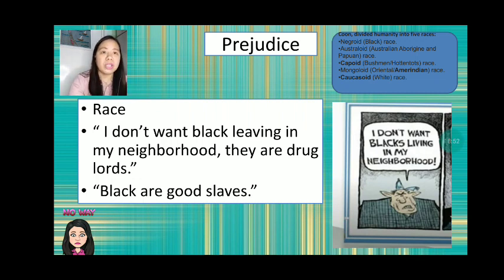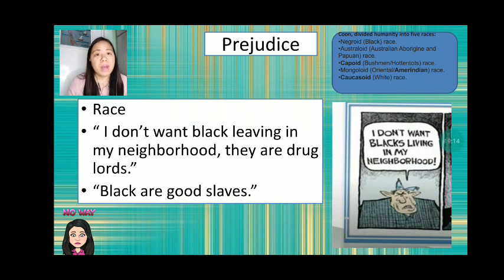Example, itong dialogue, I don't want blacks living in my neighborhood. So, the man in here is prejudicing black people, or the color of the skin is black. Whenever, saan ka pagaling, basta gano'n ang kulay mo, no? So, ayaw nila sa'yo. Then, that's prejudice. It's because you are judging them. You don't like them.